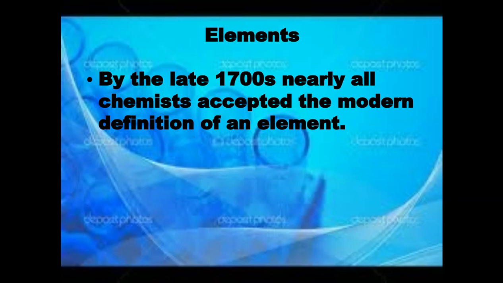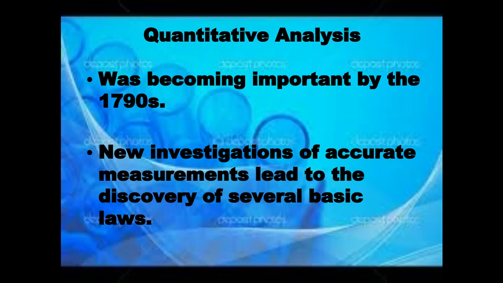So by the late 1700s, chemists are accepting this modern definition of what we know of as an element: different properties making up all of nature. By the late 1700s, 1790s, quantitative analysis became more commonly available.